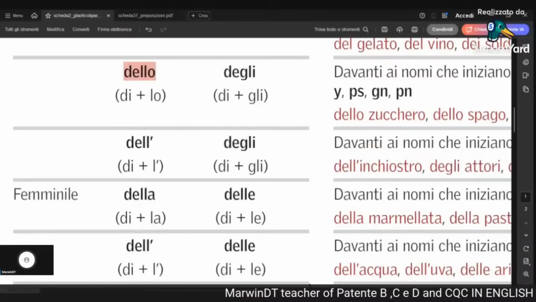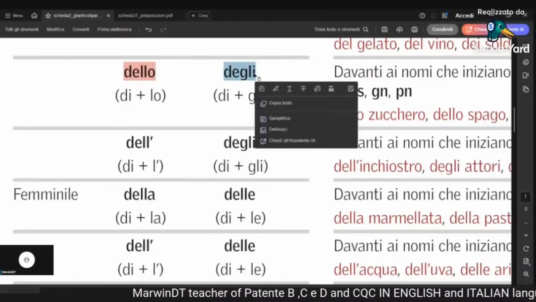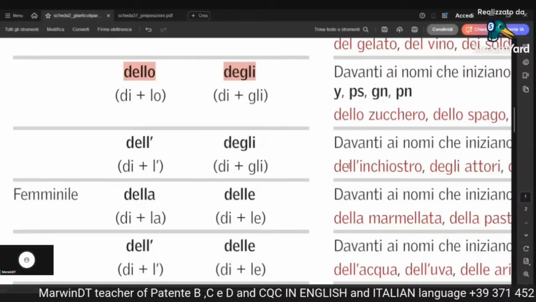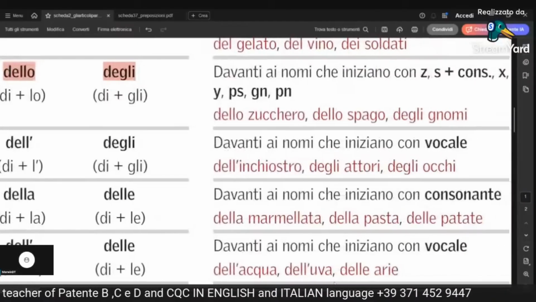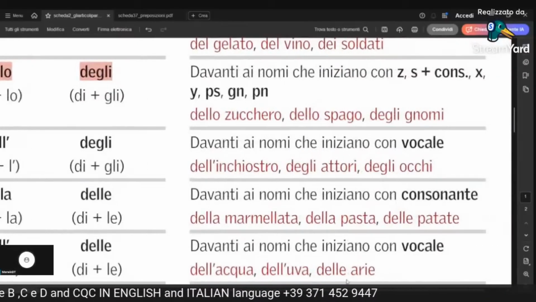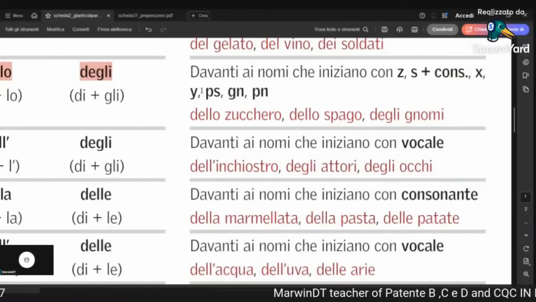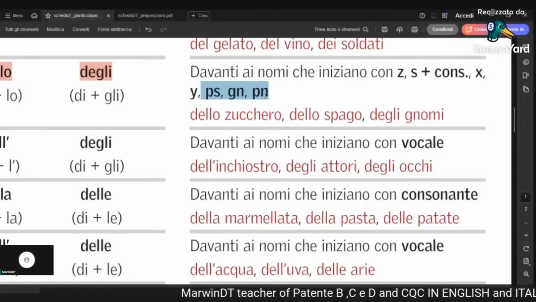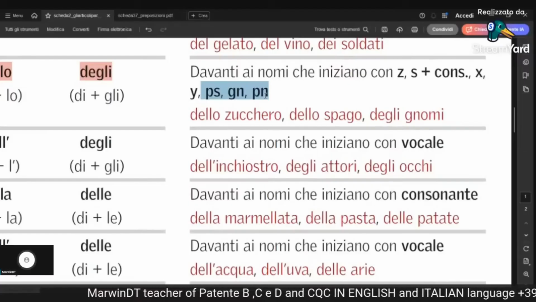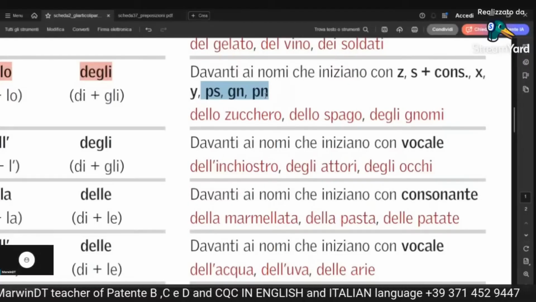That one is used in front of words or names that start with Z and S plus consonant, X, Y, PS, PN, and GN.